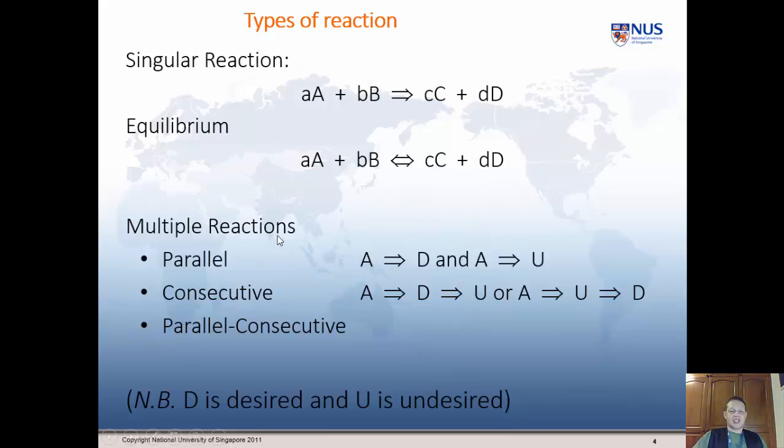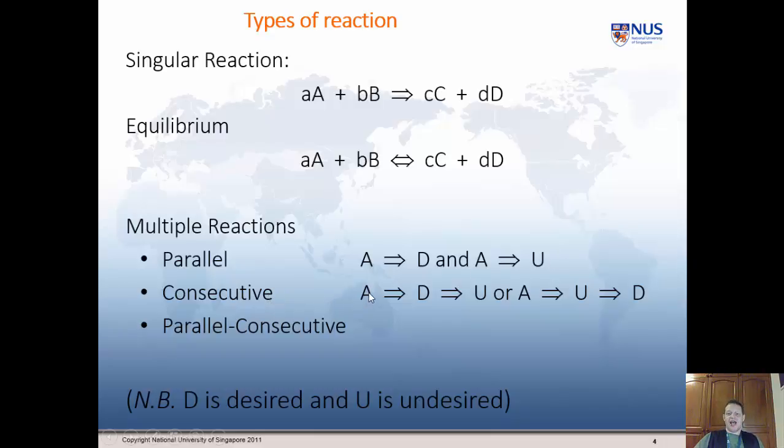We can have multiple reactions, that is parallel reactions. So A goes to D and A goes to U. So D is usually in these lectures the desired product, and U is the undesired or a side product that you don't want.